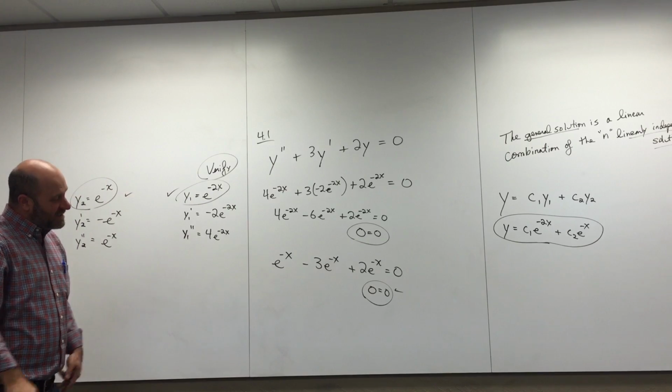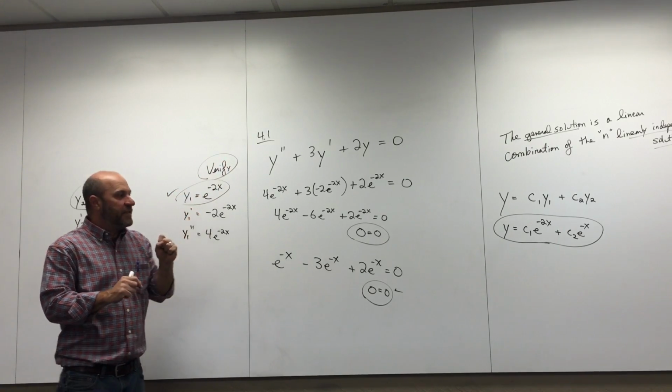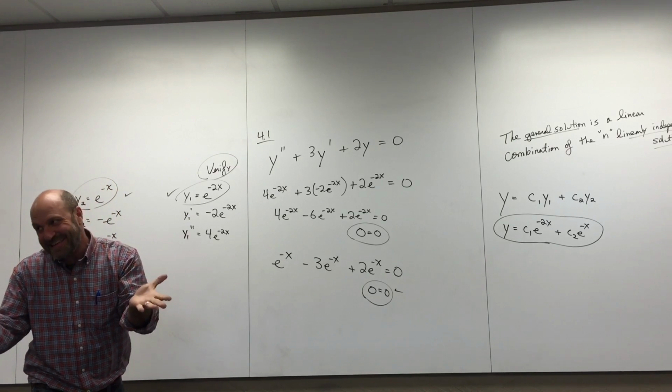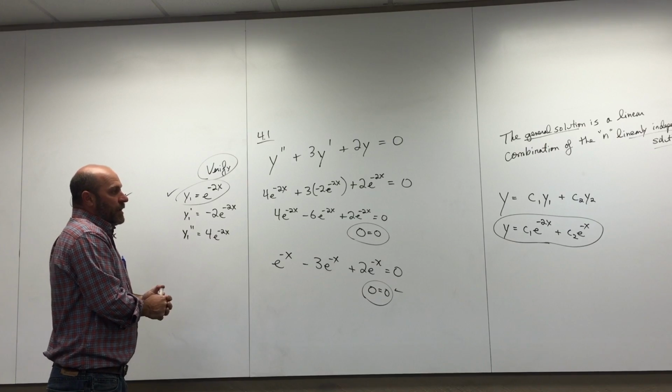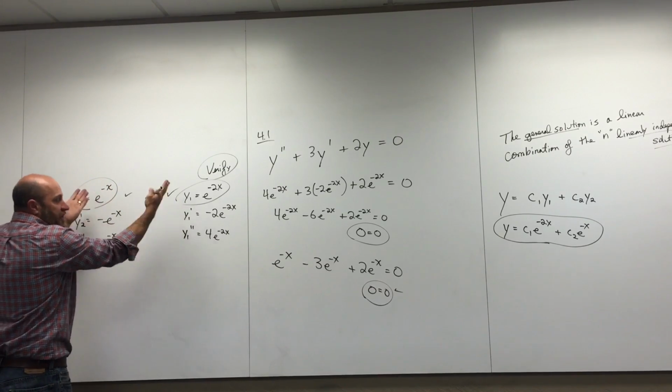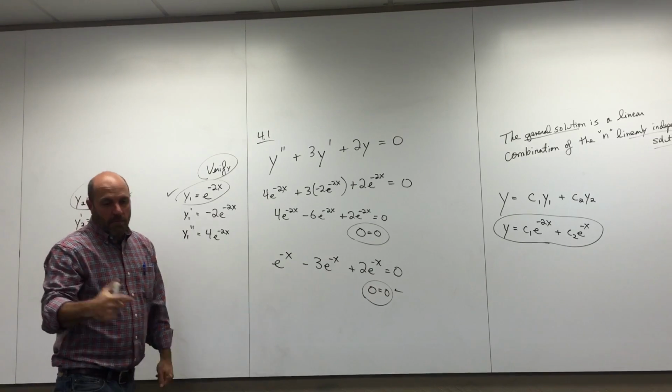So it turns out, you guys, what happens in 4.1 is they haven't taught you how to solve these DEs yet, and they're trying to get you used to solving them, and so they ask you to verify some stuff. They give you the solution and verify some stuff.